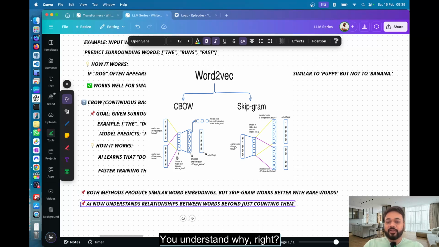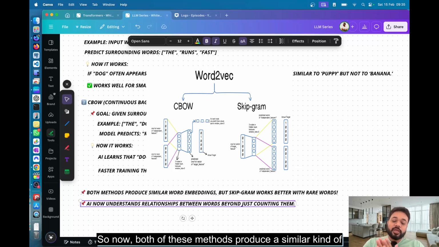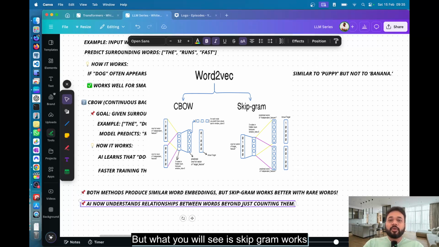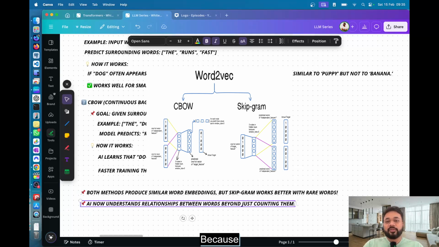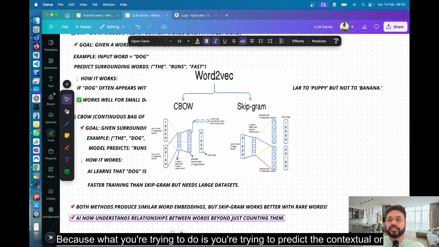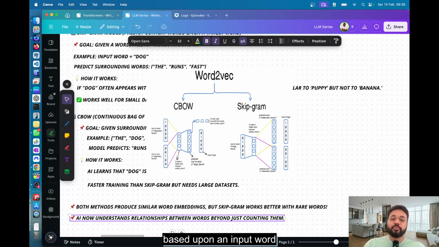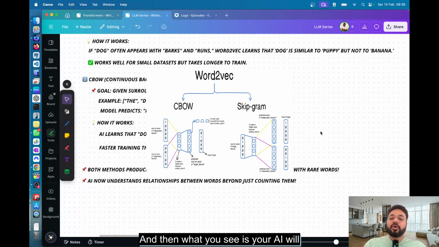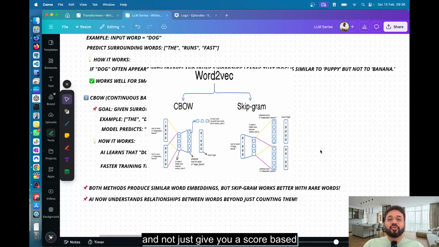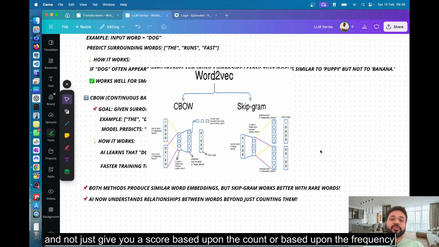You understand why, right? So now both of these methods produce a similar kind of word embeddings, but what you will see is skipgram works better with rare words, right? Because what you're trying to do is predict the contextual or surrounding words based upon an input word, right? And then your AI will understand the relationship between words and not just give you a score based upon the count or the frequency of the words.